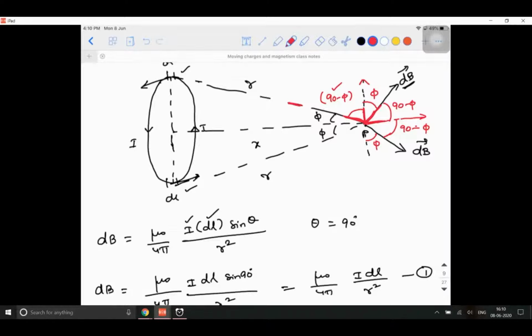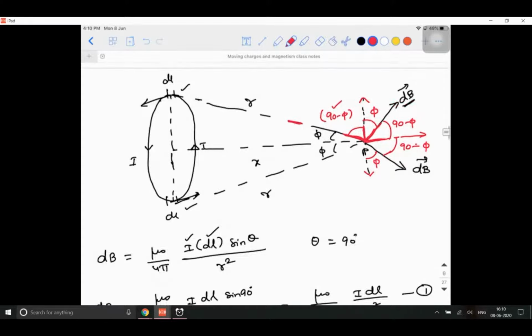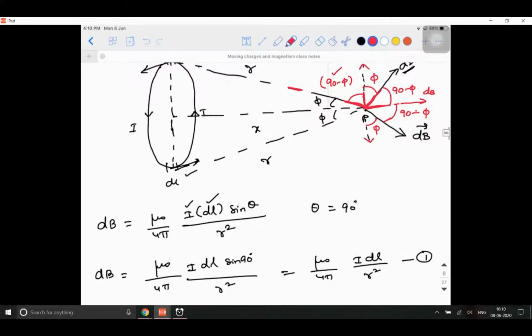Now this dB can be resolved into how many components? It can be resolved into two components. This value is going to be dB cos phi, and this value is going to be dB sin phi. Similarly, this dB will be dB cos phi, and the horizontal will be dB sin phi.